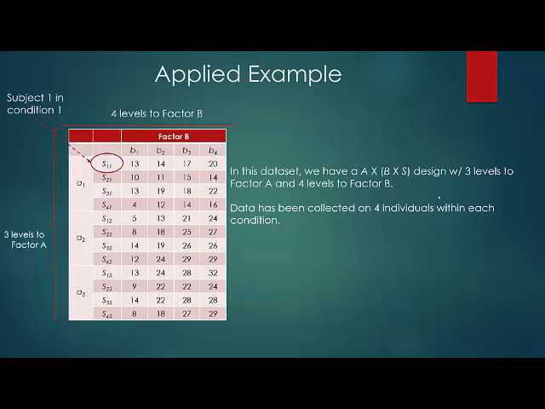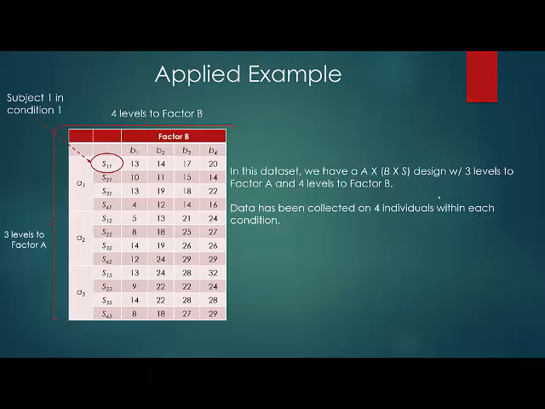And then for each person, we have a score based off their rating of perceived effectiveness for the professional developments across the 4 types. So for person number 1, they gave the first level of factor B a 13, a score of 14 for the second type, a score of 17 for the third type of training, and then a score of 20 for the last type of training.